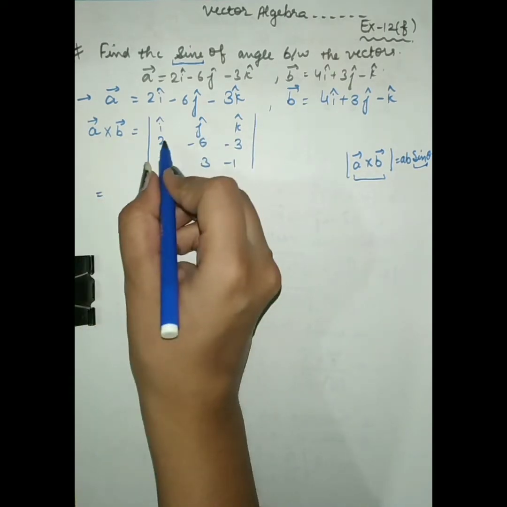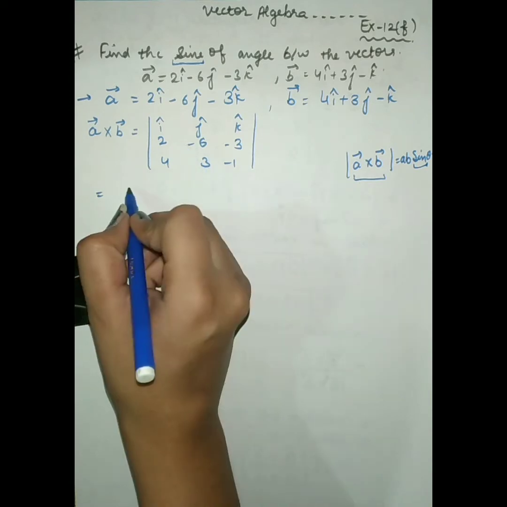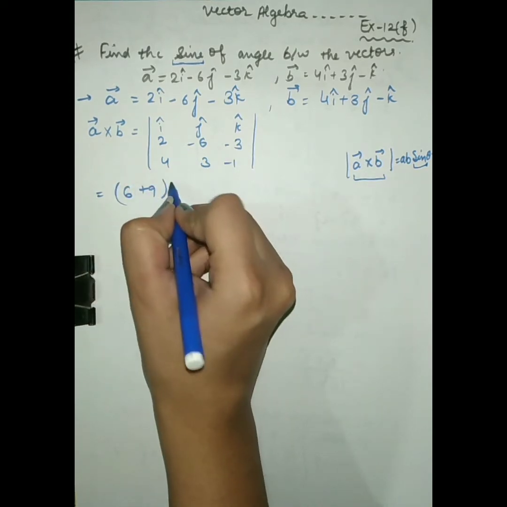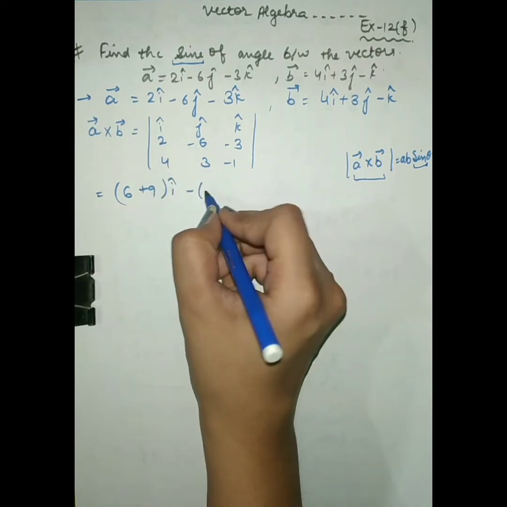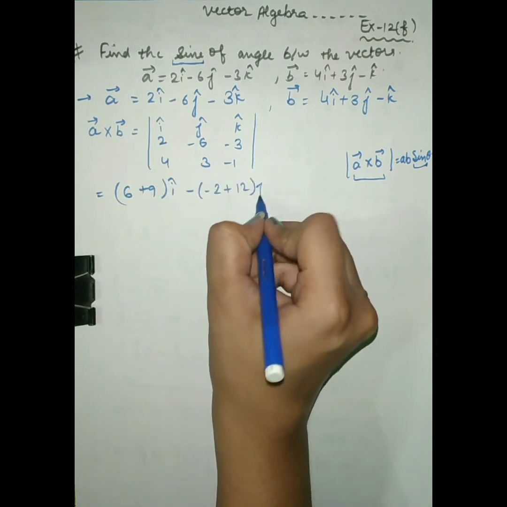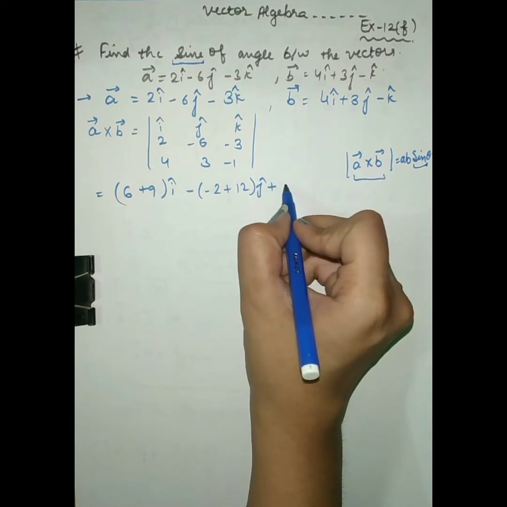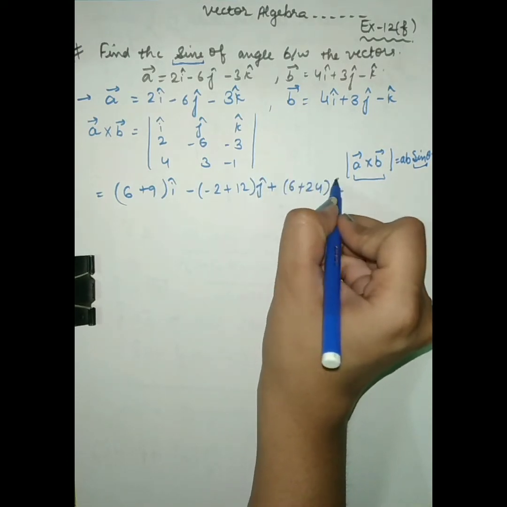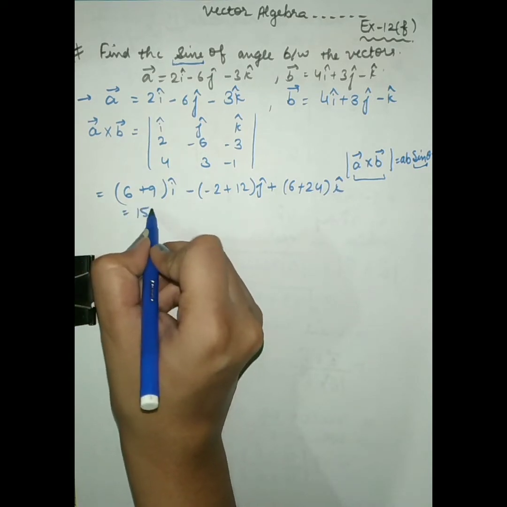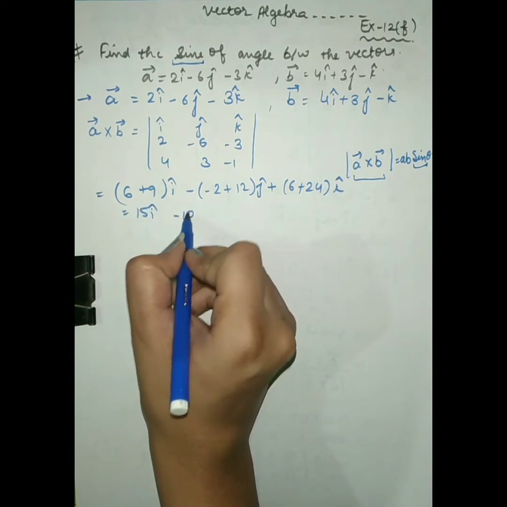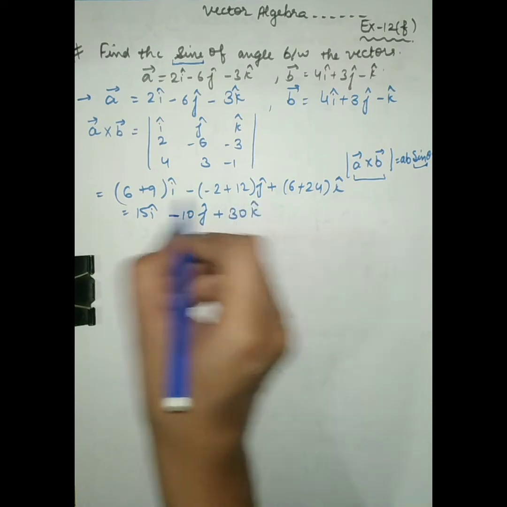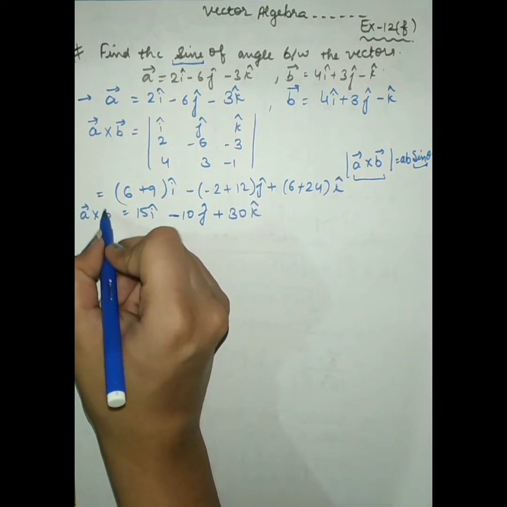We get plus 6 plus 9 i cap, minus of minus 2 plus 12 j cap, plus 6 plus 24 k cap. That means this will become 15i cap minus 10j cap plus 30k cap. This is the value of A vector cross B vector.